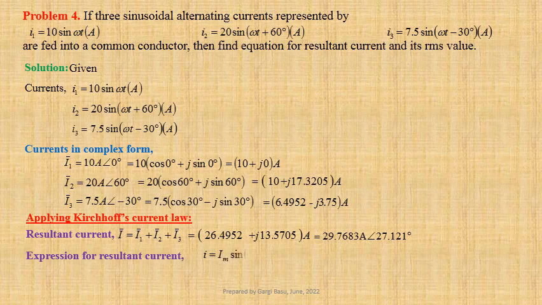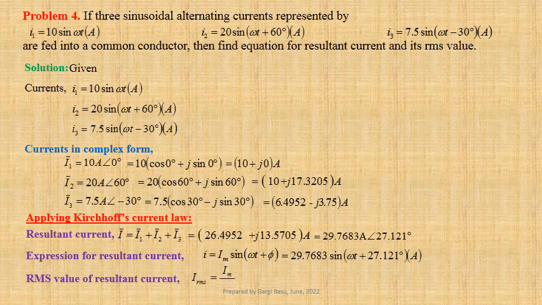Now we shall write down the expression for the resultant current. I equals Im sine of omega t plus phi, that is equal to 29.7683 times sine of omega t plus 27.121 degree ampere. Now we shall calculate the RMS value of the resultant current.